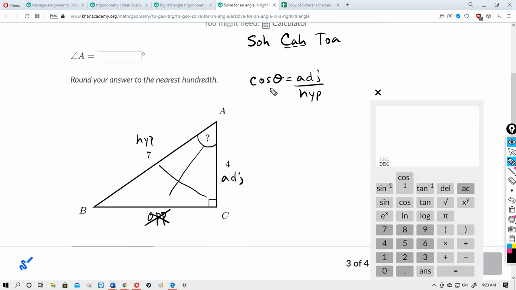Okay, our angle theta is just a question mark. Adjacent is 4, and the hypotenuse is 7. In order to solve for the question mark, we have to take the inverse cosine of both sides.